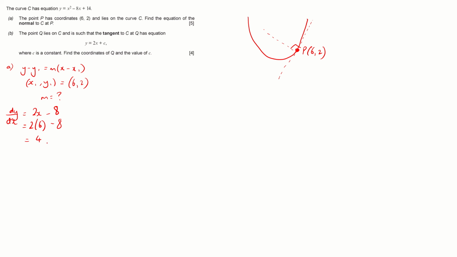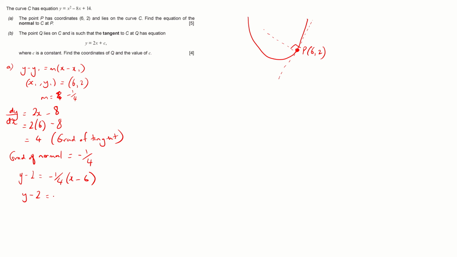So that is the gradient of the tangent, but I don't want that. I want the gradient of the normal, which is the negative reciprocal, because they are perpendicular. So the gradient of the normal is now not unknown. It is minus a quarter. So we stick all that in, and it is y minus 2 equals minus a quarter times x minus 6.